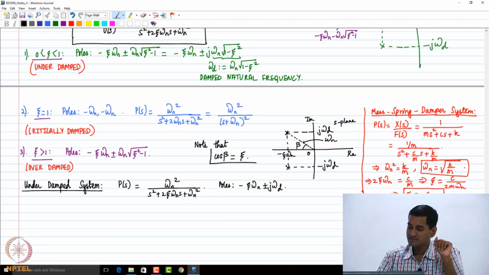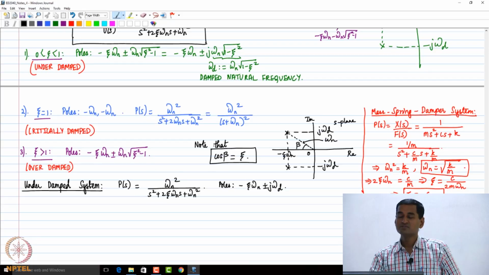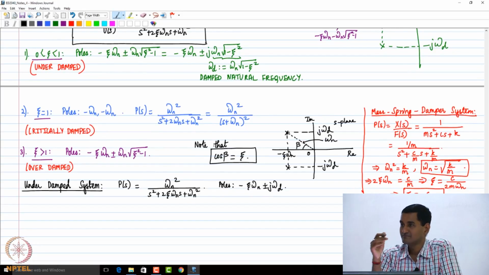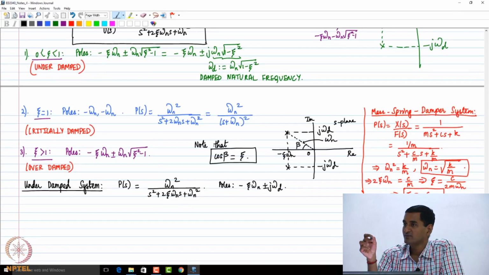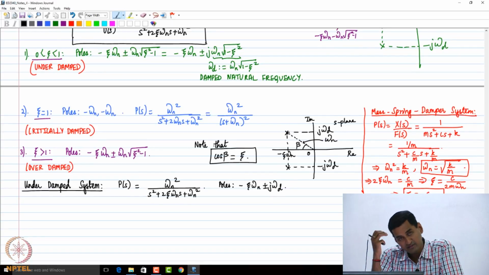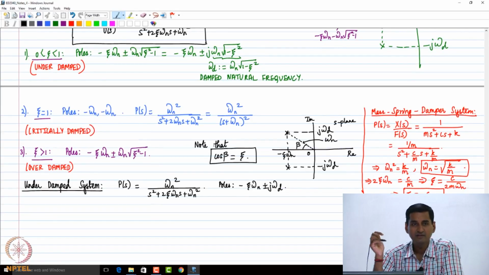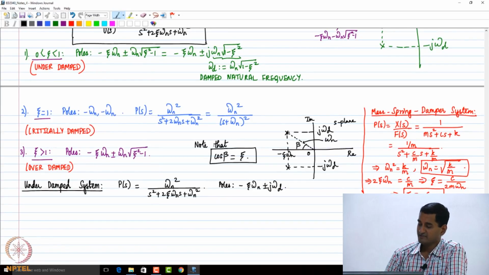So cos beta is equal to zeta. So that's something which we should remember. In other words, the cosine of this angle is equal to the damping ratio of the system. Please remember this. So if you increase the damping ratio, what do you think will happen to this angle beta? It will decrease, right? And vice versa. So please remember that.